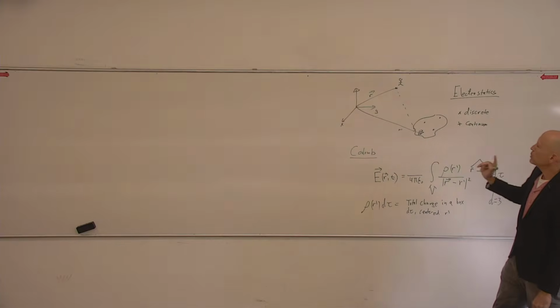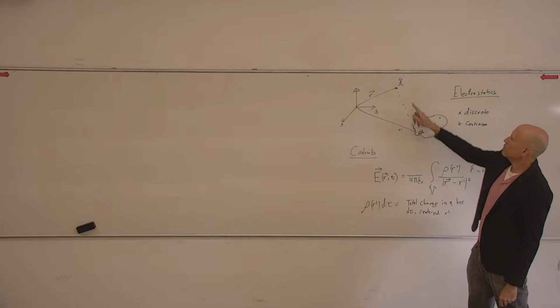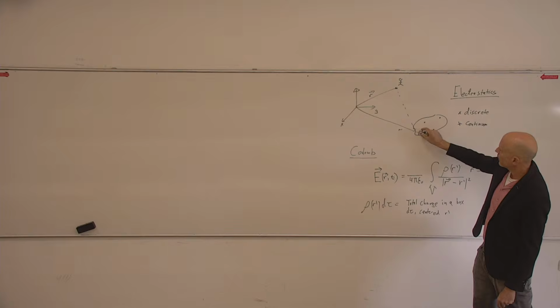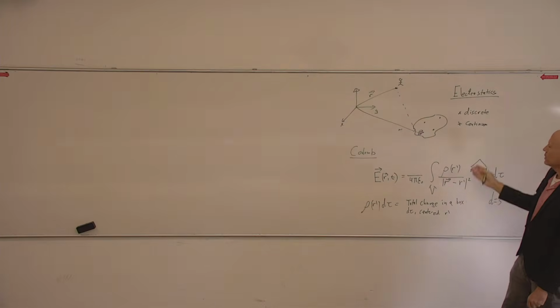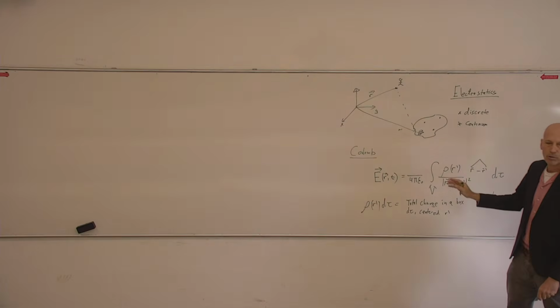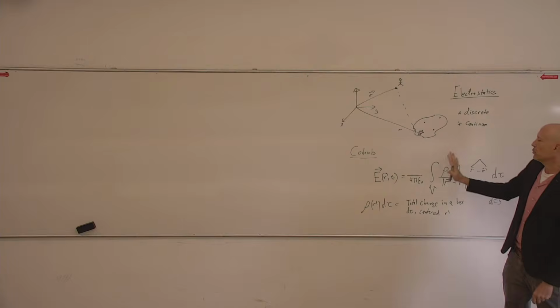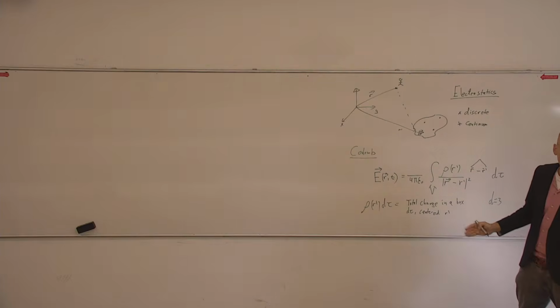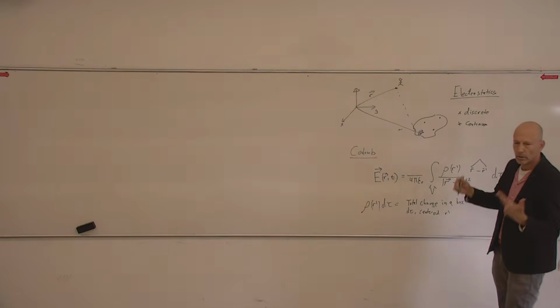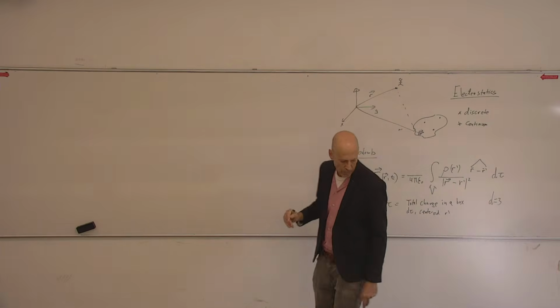So the superposition principle says the electric field here is a sum of the electric field contribution from this part, plus this part, plus this part, etc. The summation turns into an integral. So all in all, we have 2 principles. One is Coulomb's law. The second one is the superposition principle, that you add in a trivial way.